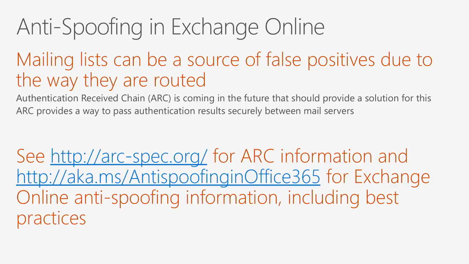So there's this authenticated received chain feature that we're going to be building into Exchange Online and Office 365 once that standard has been finalized and approved. We actually are one of the organizations involved in creating the standard, and we've already said publicly many times that we are going to enhance and embrace it as part of anti-spoofing.